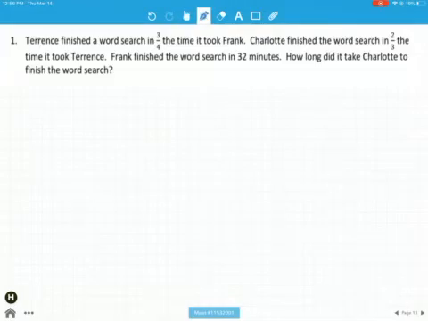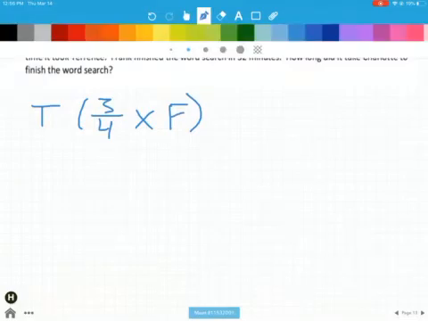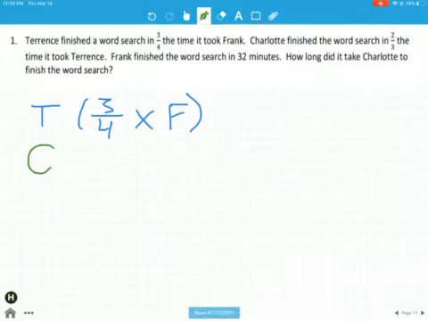So as you can see here, Terrence had 3/4 the time of Frank. Then we have Charlotte, who finished in 2/3 the time of Terrence.